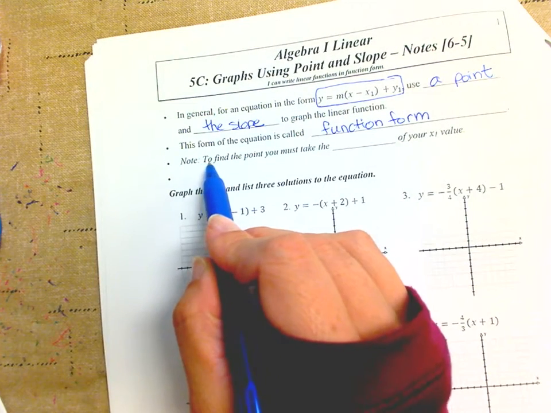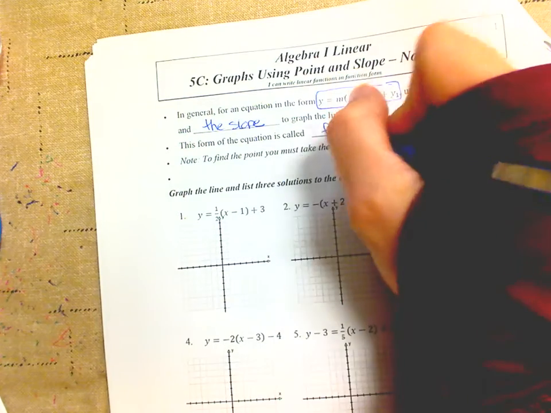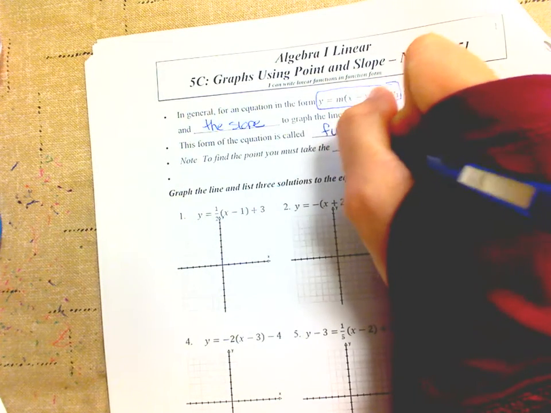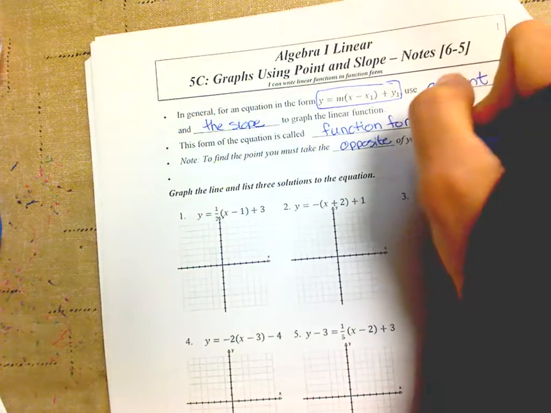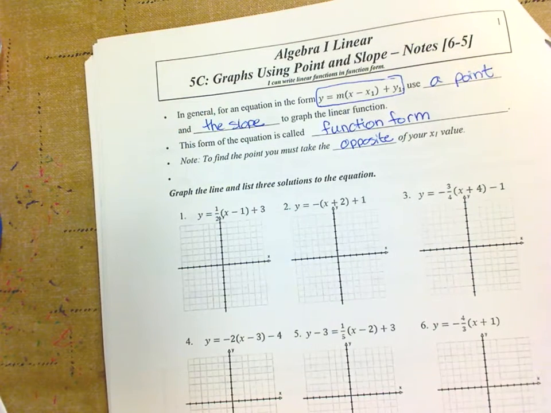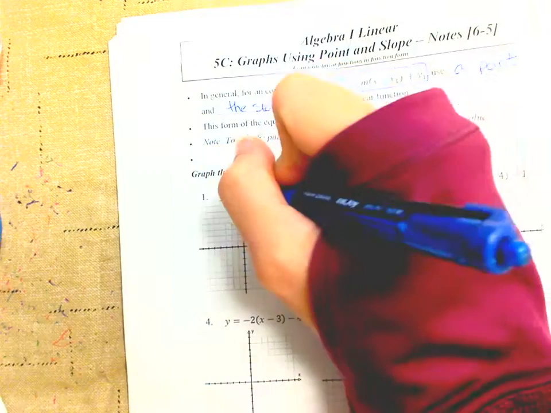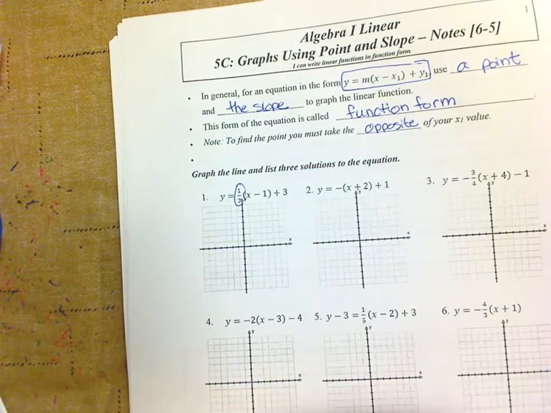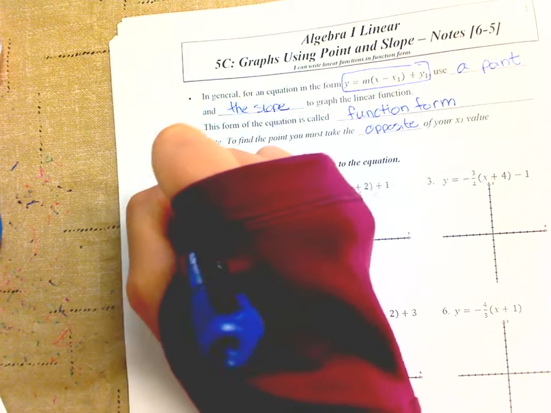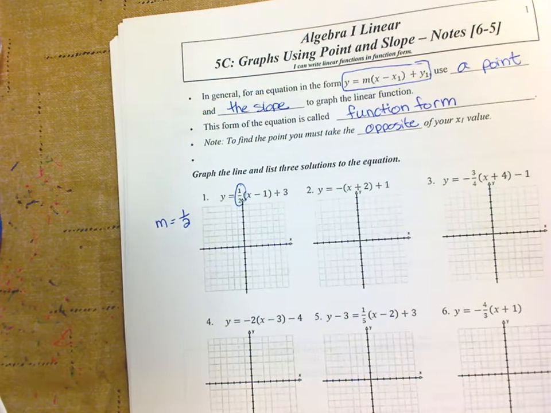Just to make a note here, to find the point, you're going to take the opposite of your x1 value. And none of this probably makes sense here, but once we start to do it, it will. So starting with number 1, the number that's outside of your parentheses, that's your slope. So off to the side, we're going to write m equals 1/2.